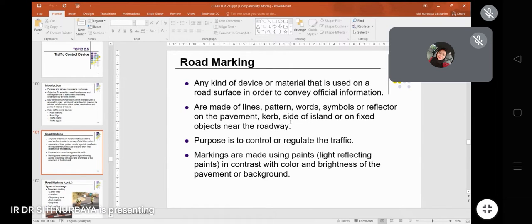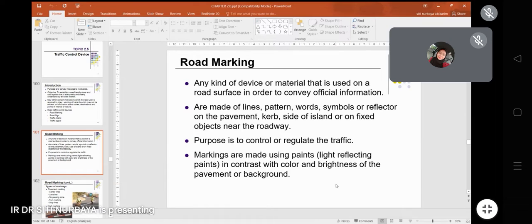So we can see the features of the road marking. Of course the purpose is to control or regulate the traffic. Markings are made using light reflecting paints in contrast with color and brightness of the pavement or background.